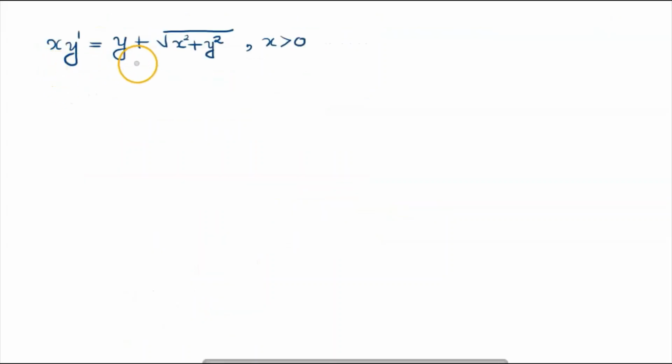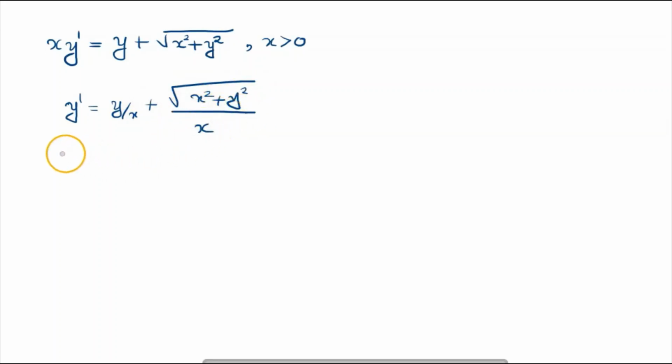x y dash is equal to y plus root of x square plus y square. y dash is equal to y by x plus root of x square plus y square divided by x. This is a first order homogeneous differential equation. Now let's put v equal to y by x.